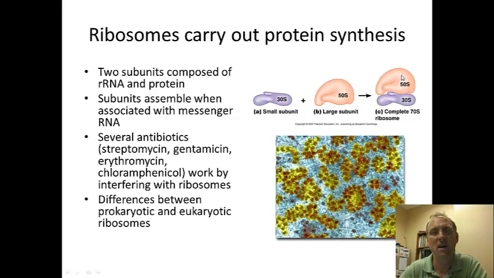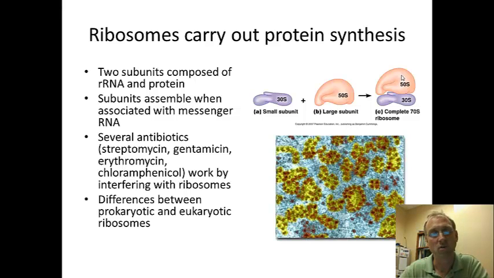What ribosomes do is help the microorganism carry out protein synthesis, specifically the process of translation. A messenger RNA will associate with ribosomes and transfer RNAs, and new proteins become synthesized.